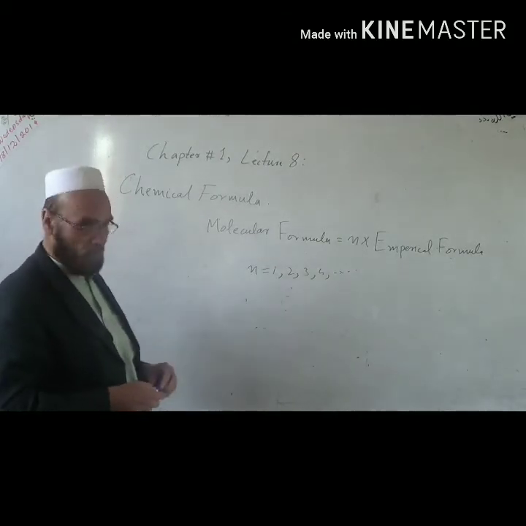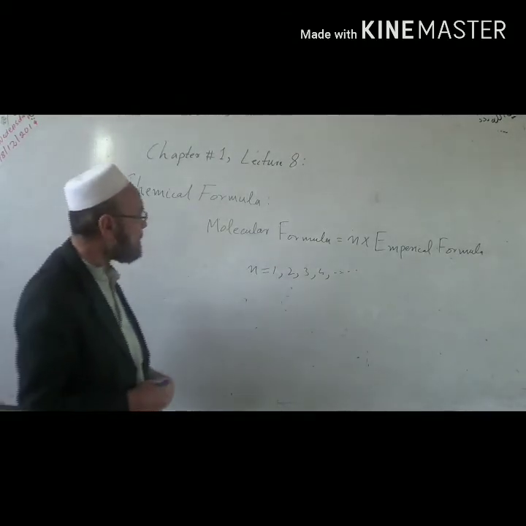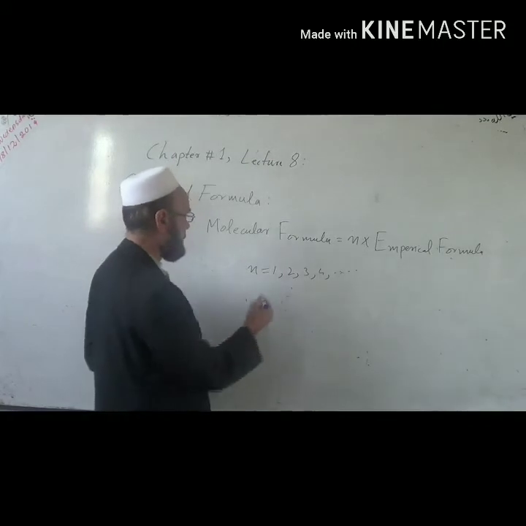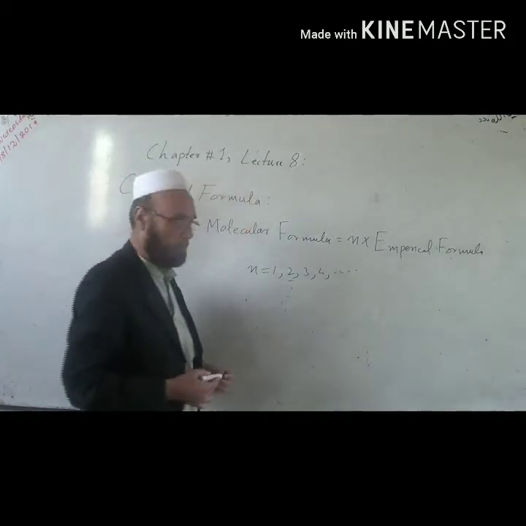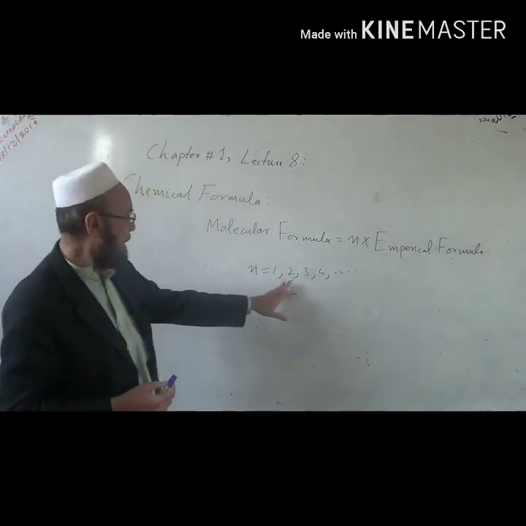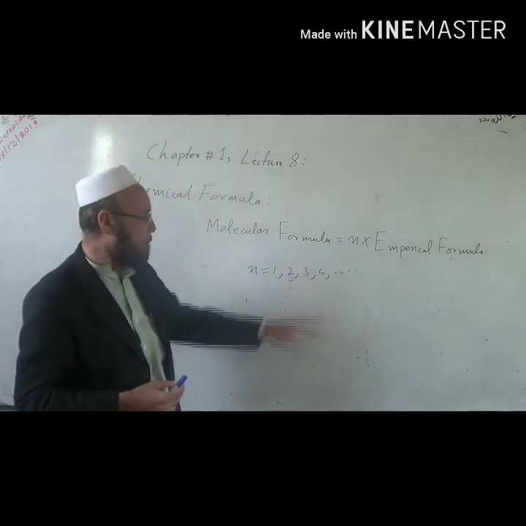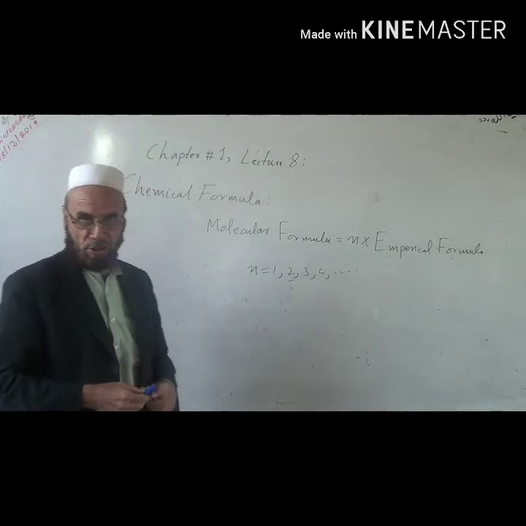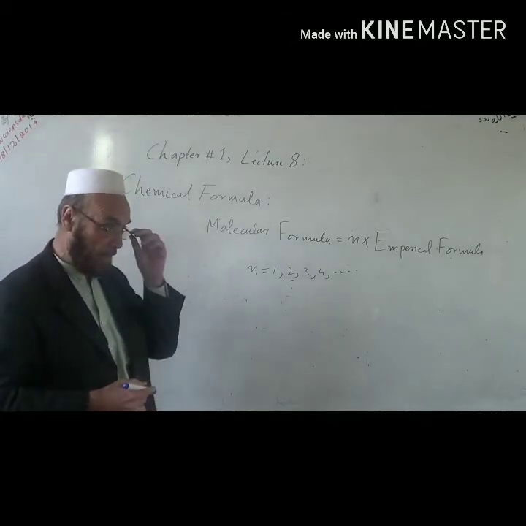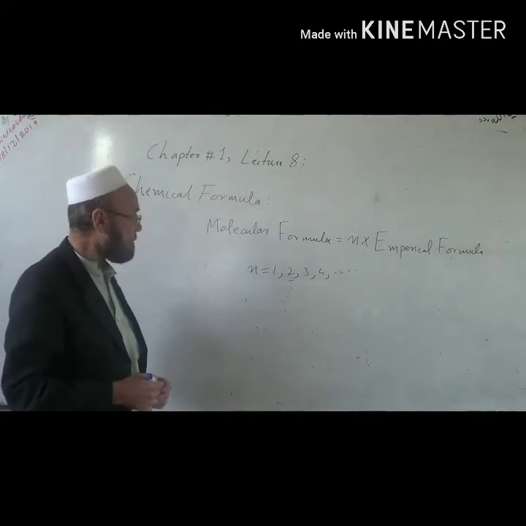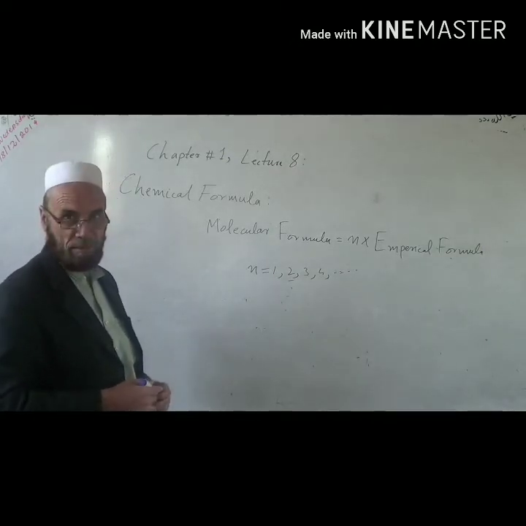One is not so much important. If you multiply anything with 1, it remains the same. But the values that matter start with 2, 3 and 4. They are important because if n is equal to 2 or 3 or 4, then it will really change the nature of empirical formula. Because in most of the cases, empirical formula and molecular formula are similar.